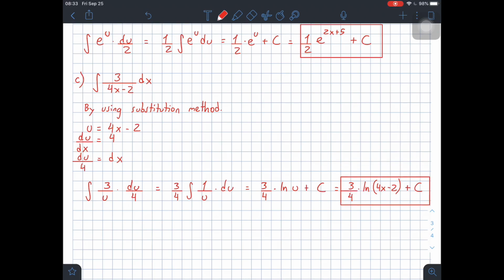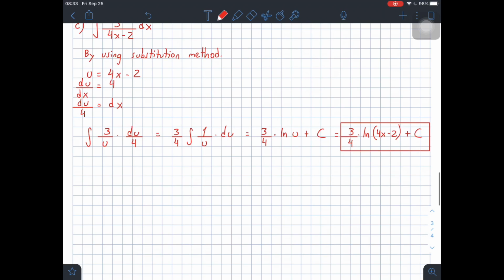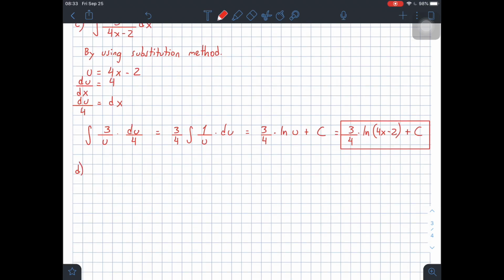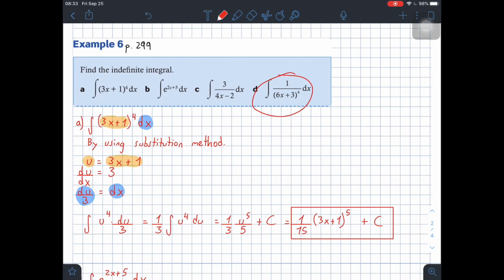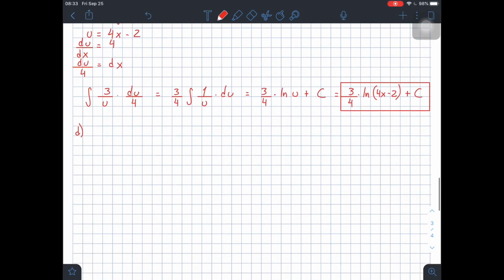Okay. Finally, we're going to see one last example, example D, which says the following. The integral of 1 over 6x plus 3 to the 4th power. Okay, so this looks a little bit more complicated. Let's see. So the integral of 1 over 6x plus 3 to the 4th power with respect to x.